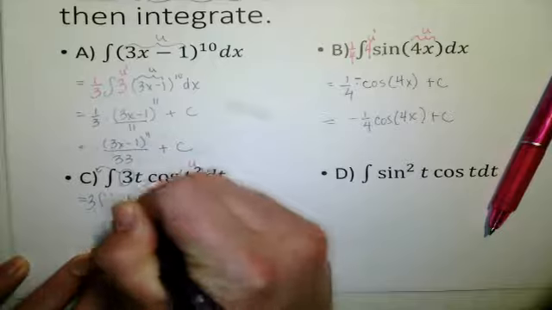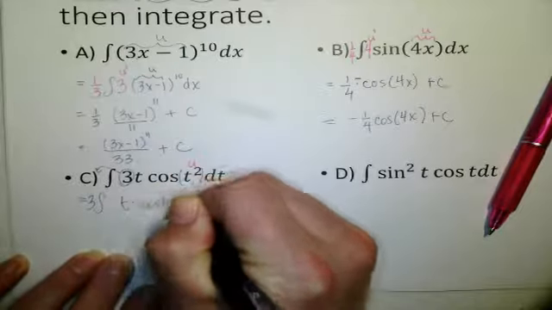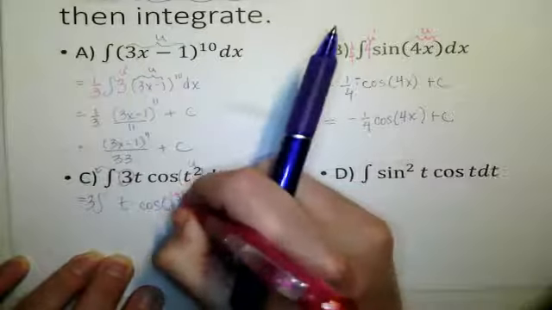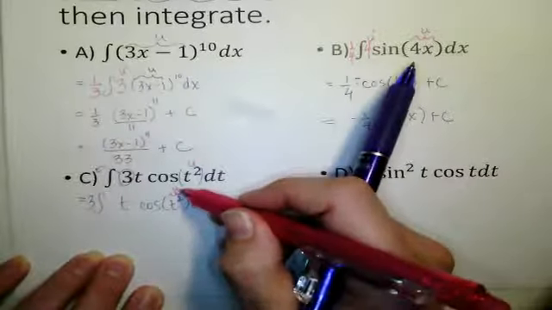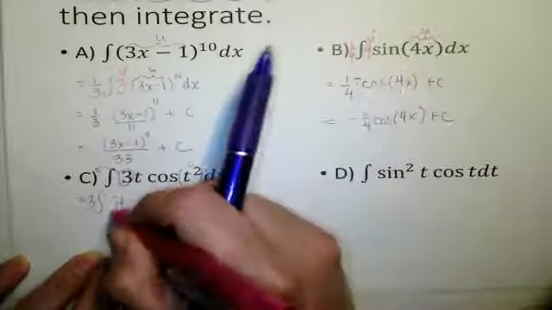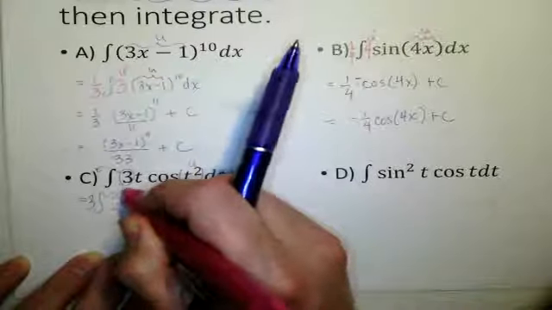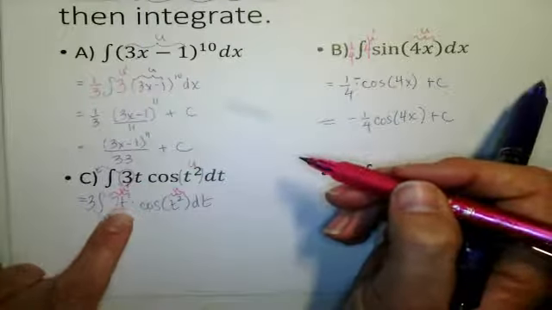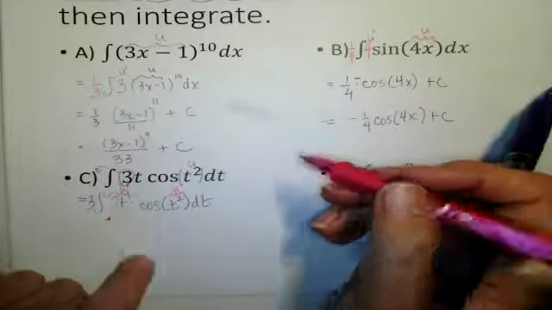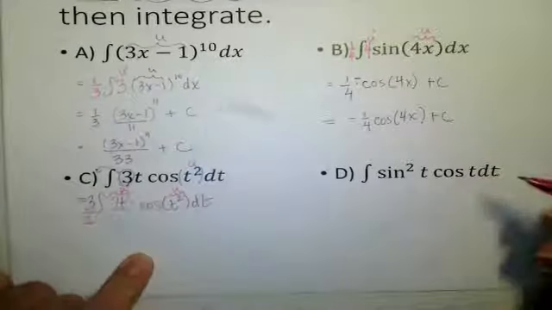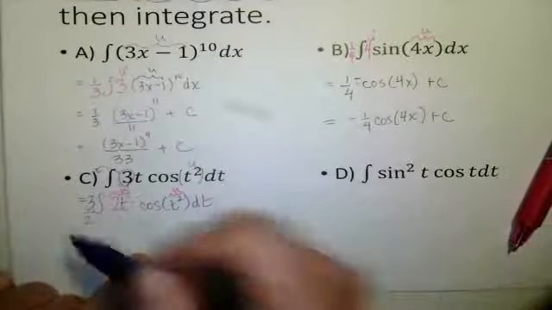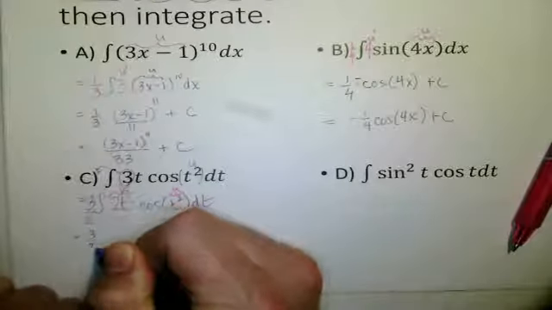so that I have t times cosine of t squared dt. So here is my u portion. And the derivative, u prime, would be 2t. So now my u prime portion is present, but I can't just randomly multiply by 2. I must also divide by 2. So I'm going to put a divide by 2 out in front. All right, so this becomes 3/2.